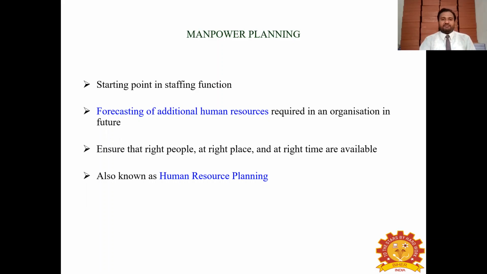That is, apart from the present human resources available in an organization, what is the additional human resource requirement? Through that, we can ensure that the right people are available at the right place and right time, right?